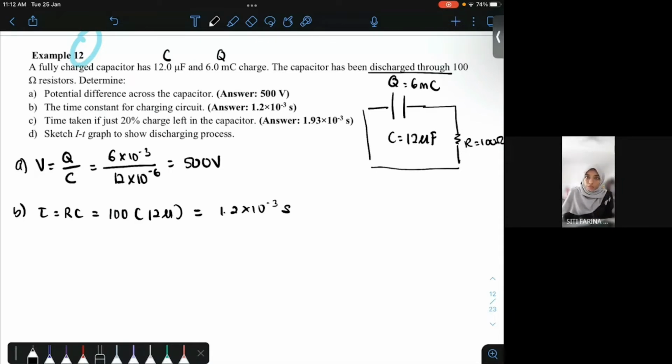Next, the time taken if just 20% of the charge is left in the capacitor. So we want to find the time for it to drop to the remaining charge. Our initial charge Q0 is 6 millicoulomb.